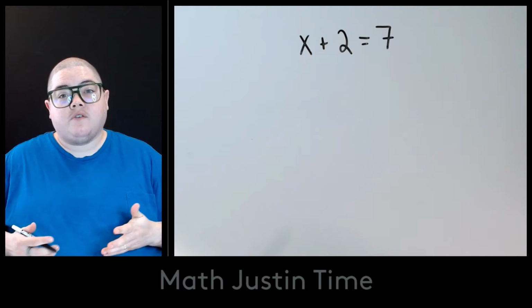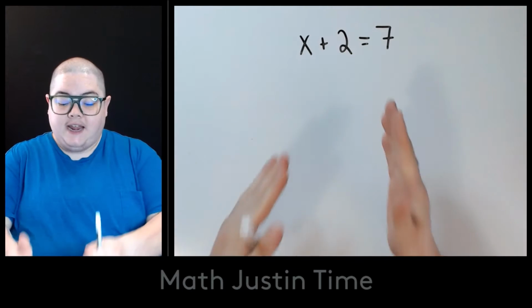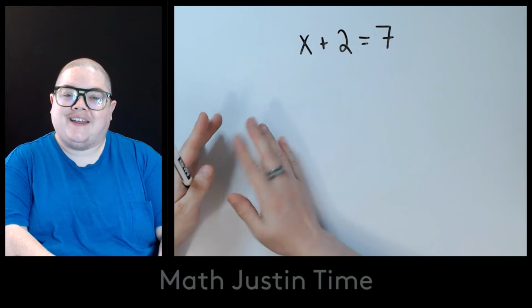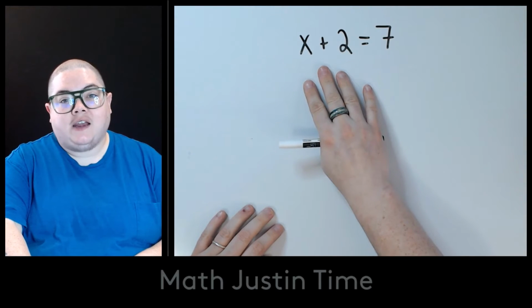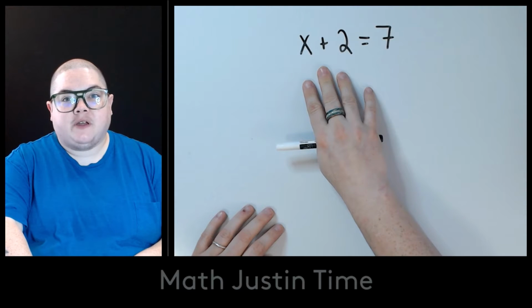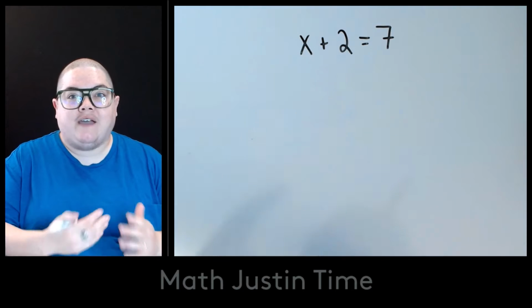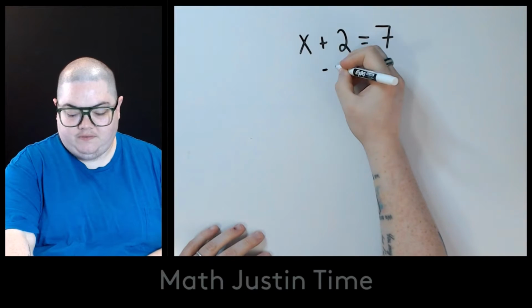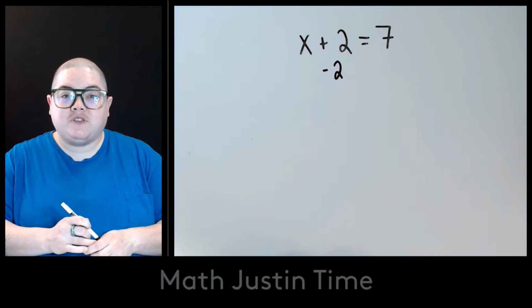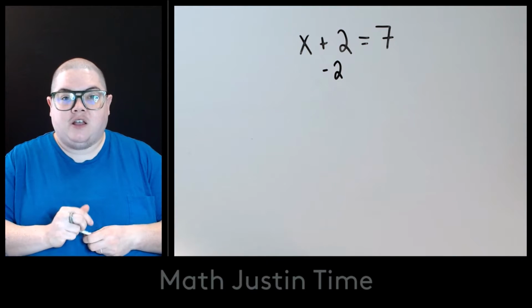So in order to solve for x, what we need to do is get x on one side of the equal sign and everything else on the other. So if over here we've added 2, if we give somebody 2 things and we want to make sure that we don't have those things anymore, we need to subtract 2 things. Now you can almost think of each expression here like a person.